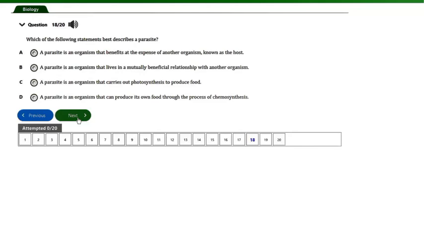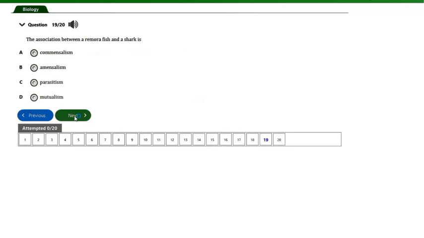C. A parasite is an organism that carries out photosynthesis to produce food. D. A parasite is an organism that can produce its own food through the process of chemosynthesis. So guys, the answer to this question is option A. A parasite is an organism that benefits at the expense of another organism known as the host. So let's look at the next question, guys.